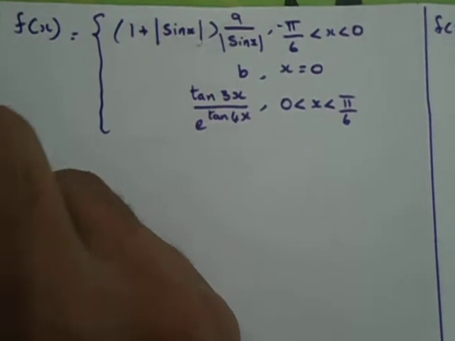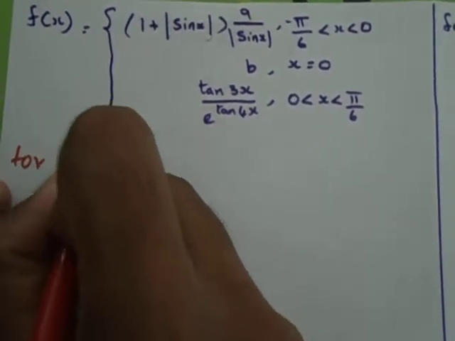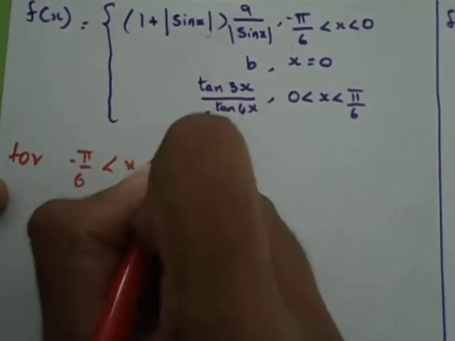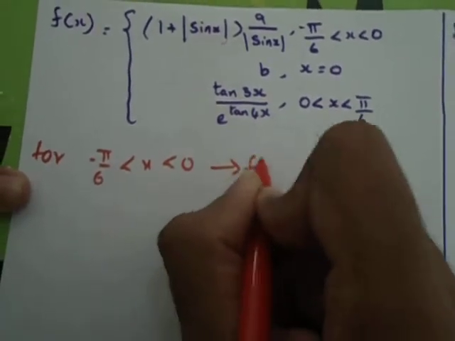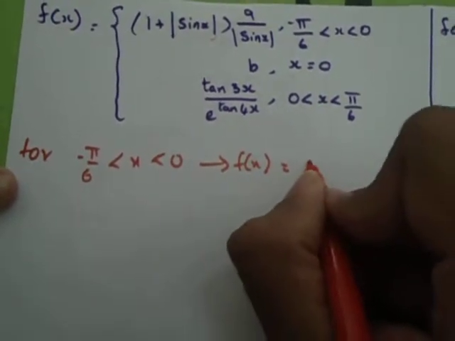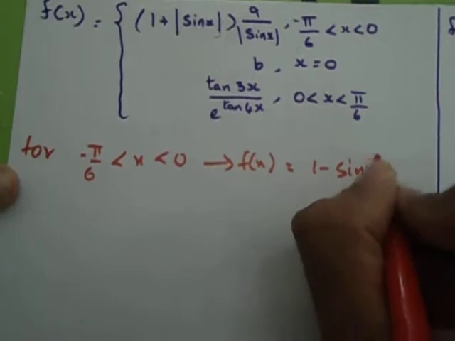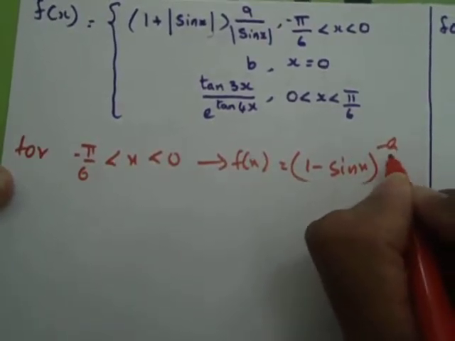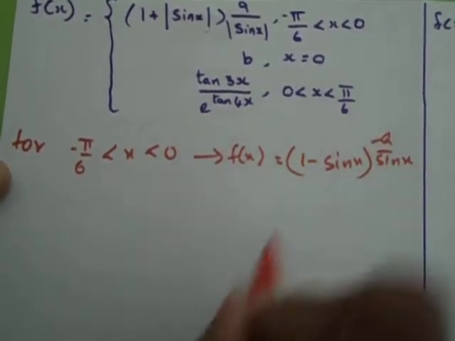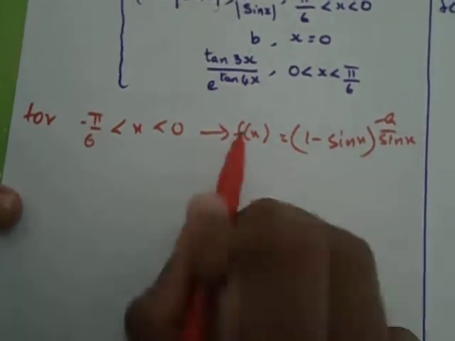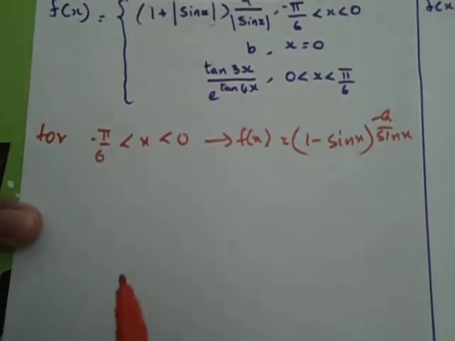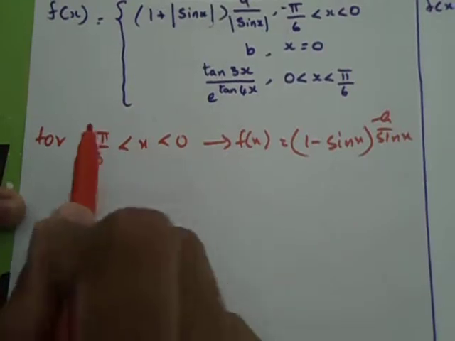So for minus pi by 6 less than x less than 0, the function becomes 1 minus sin x whole power minus a by sin x. So this is the function here, and there's no other function to be simplified.